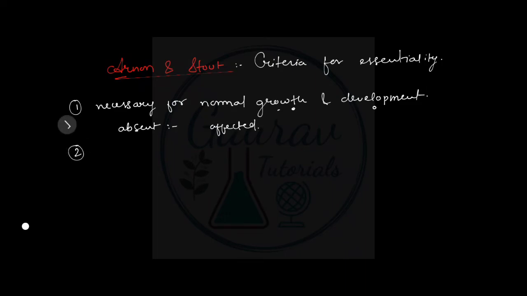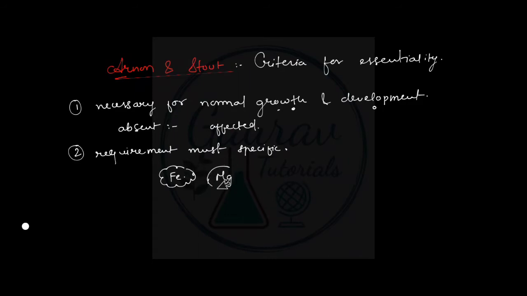essential or non-essential. Similarly, the requirement of these elements must be very specific. That means if I'm talking about, for example, iron, that is Fe, then Fe should not get replaced by some other element like magnesium with its function carrying on.